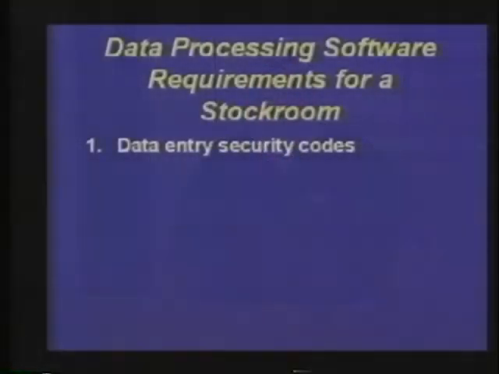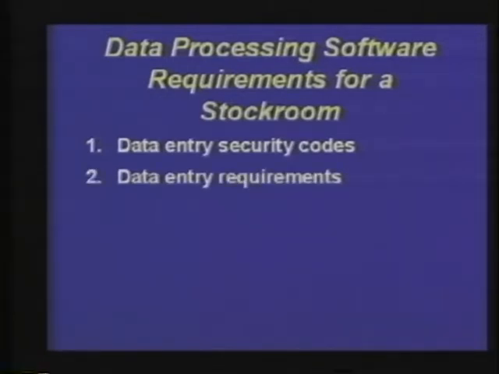Now, moving on to page number 46, we're looking at the different types of data processing software requirements for the storeroom. And this is just trying to initialize some of the user-defined requirements. The first, as we just identified in the previous exhibit, are security codes. Then we want to determine the type of data entry.